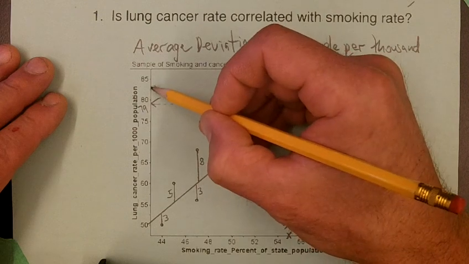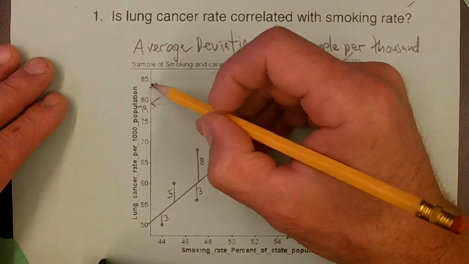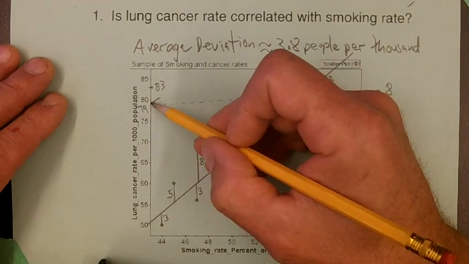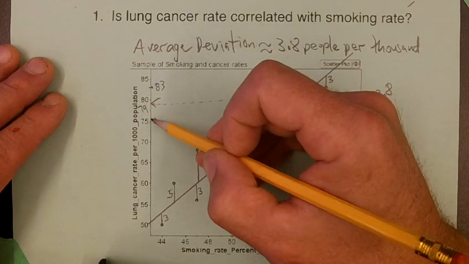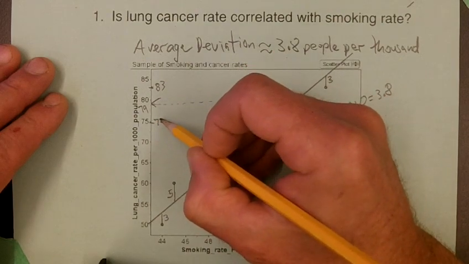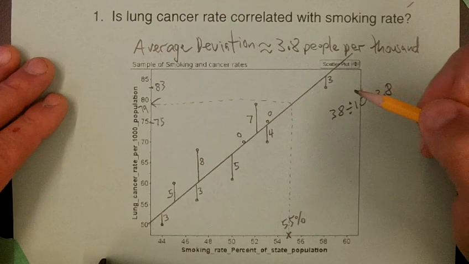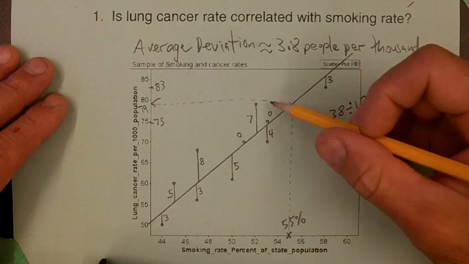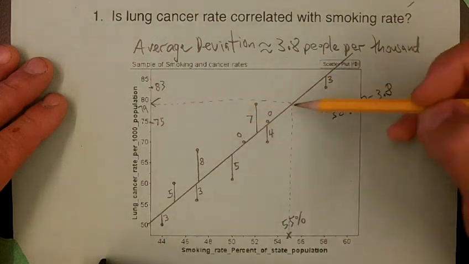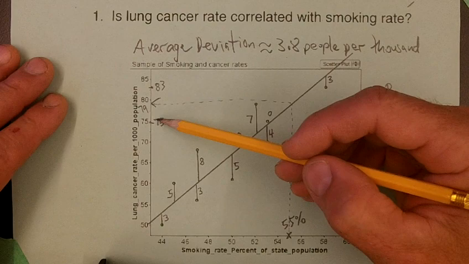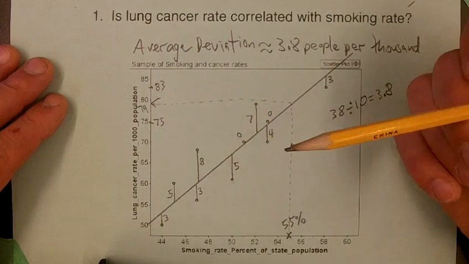So 79 plus 4 gives us 83. Or it could easily be 4 people per thousand fewer than that. So 79 minus 4 gets us down to 75. So now what we'd say is that for a smoking rate of 55%, we can be pretty sure that according to this model, built with these data, the lung cancer rate would be somewhere between 75 and 83.